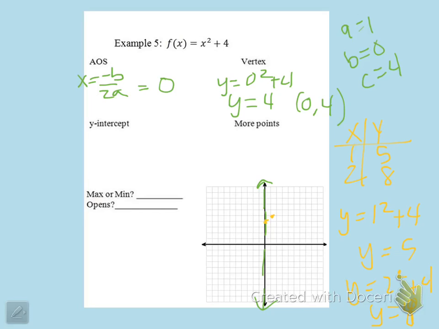So right there, and then we can mirror it. So 1 away, let's go 1 away again. And then 2, 1, 2, 3, 4, 5, 6, 7, 8. It's 2 away, so let's go 2 away again and go ahead and go up. Okay, it's a minimum because my vertex is at the lowest point, and it is opening upward.